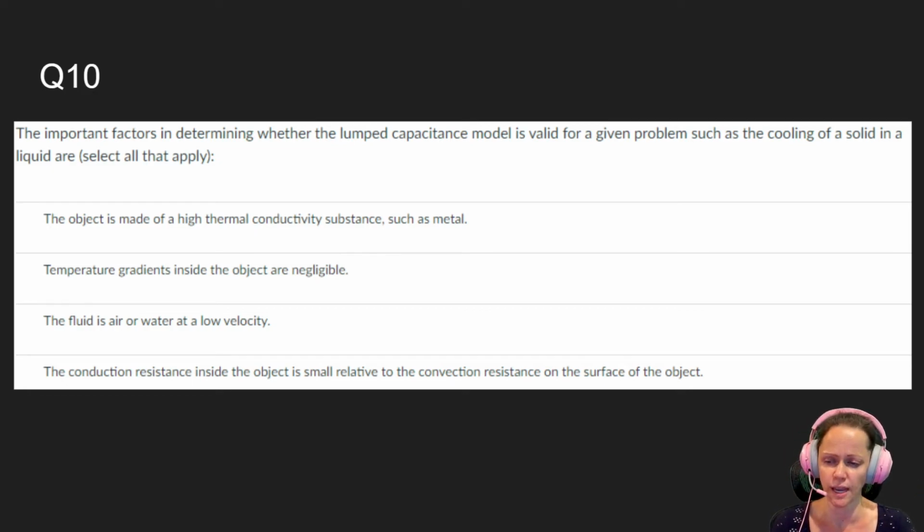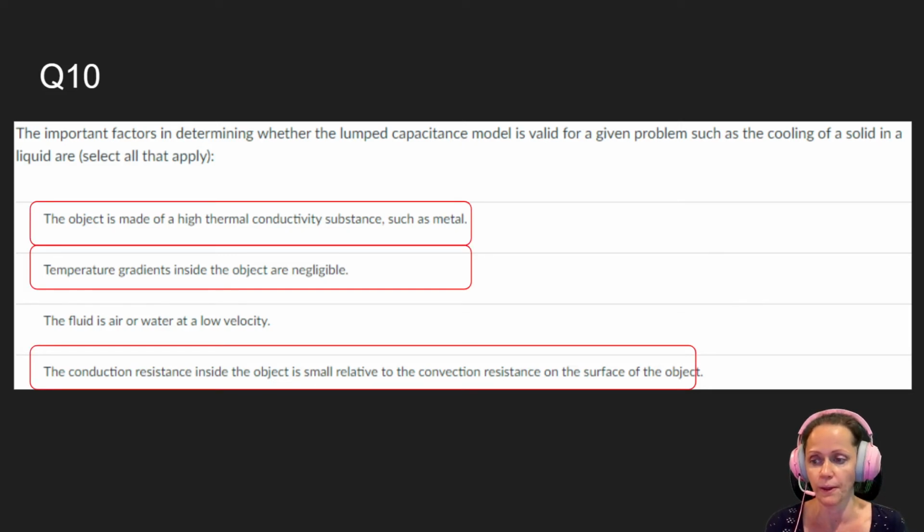The fluid is air or water at a low velocity. The conduction resistance inside the object is small relative to the convection resistance on the surface of the object. And so that goes back to the Biot number, the ratio of thermal resistance to conduction versus convection. So it's 1, 2, and 4.